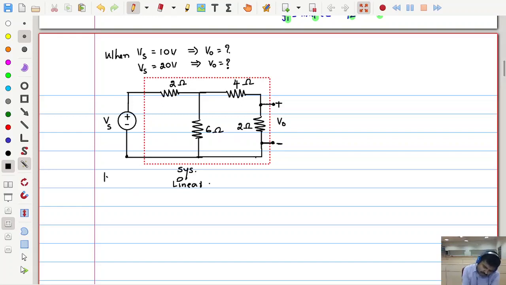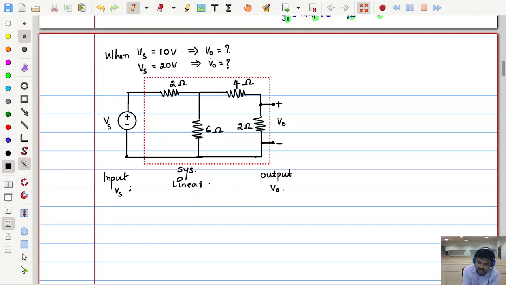What is the input? The input is the voltage source Vs, and it has some output V0. Now we would like to see the relationship between this input and output, whether it obeys the linearity property or not, for which I have given a simple task.